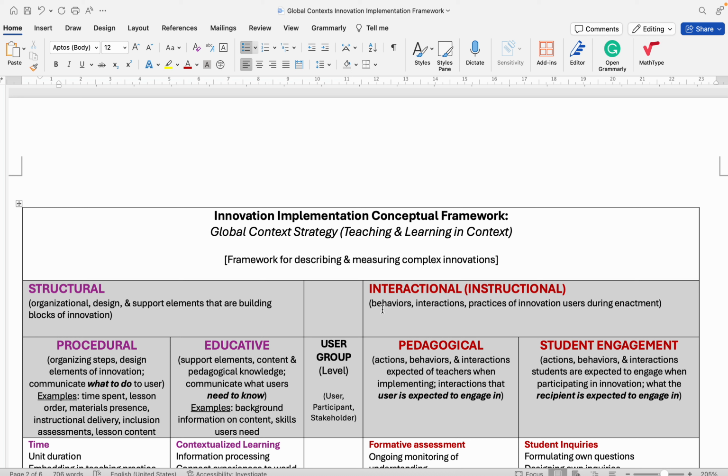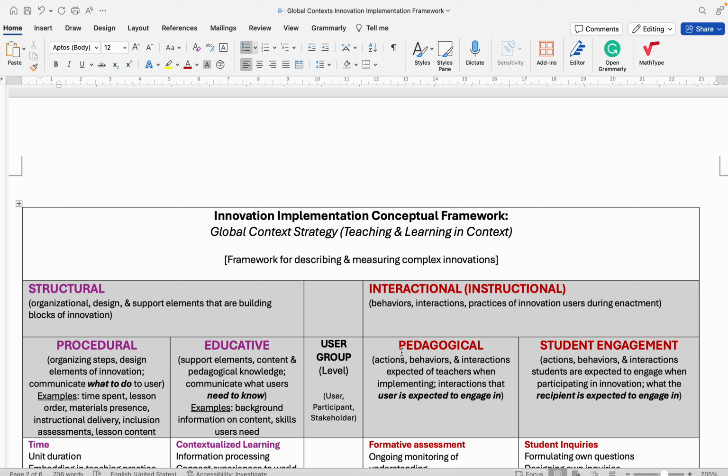Jumping over to the red side here, the interactional or instructional category is divided into two subcategories. One is pedagogical, which is what the user is expected to do in implementing the innovation. The other is student engagement, which is what the recipients, the students in this case, are expected to engage in.